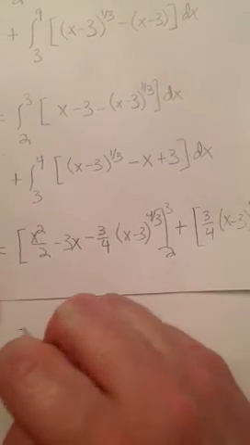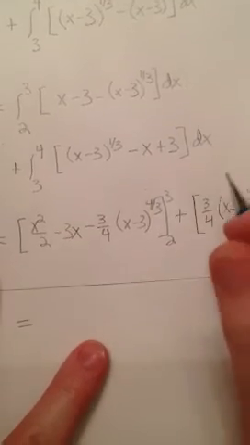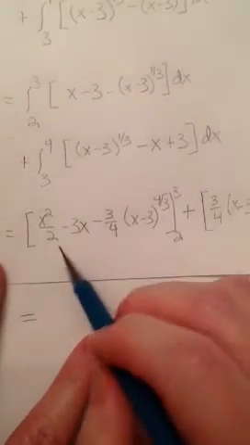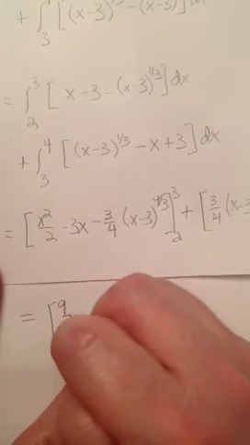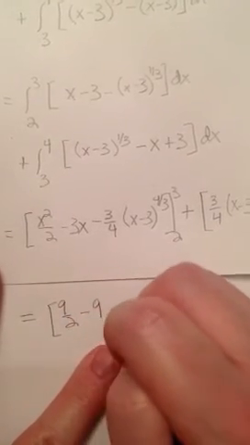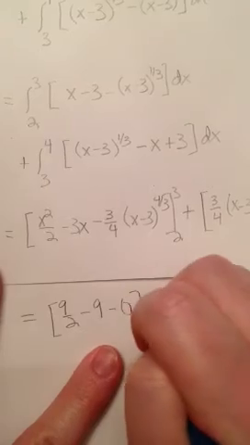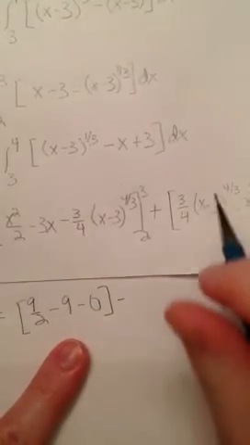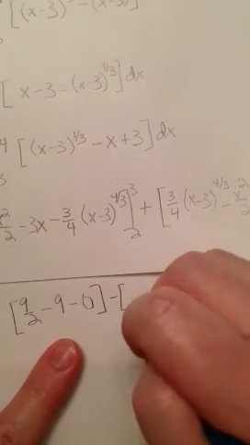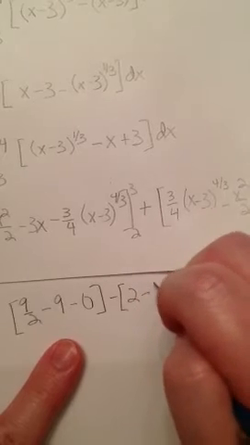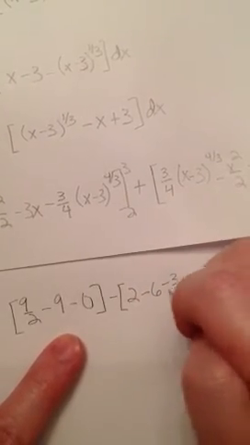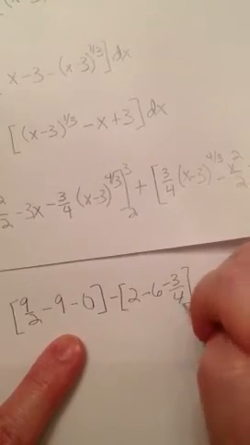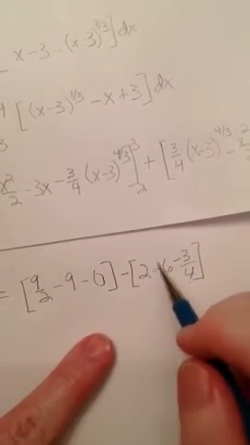And with the corresponding values that we are going to have, I'll just go ahead and lay this out. Okay, for the upper limit, we have 9/2 minus 9 minus 0. Lower limit, you have 2 minus 6 minus 3/4. And that's from the R1 portion.